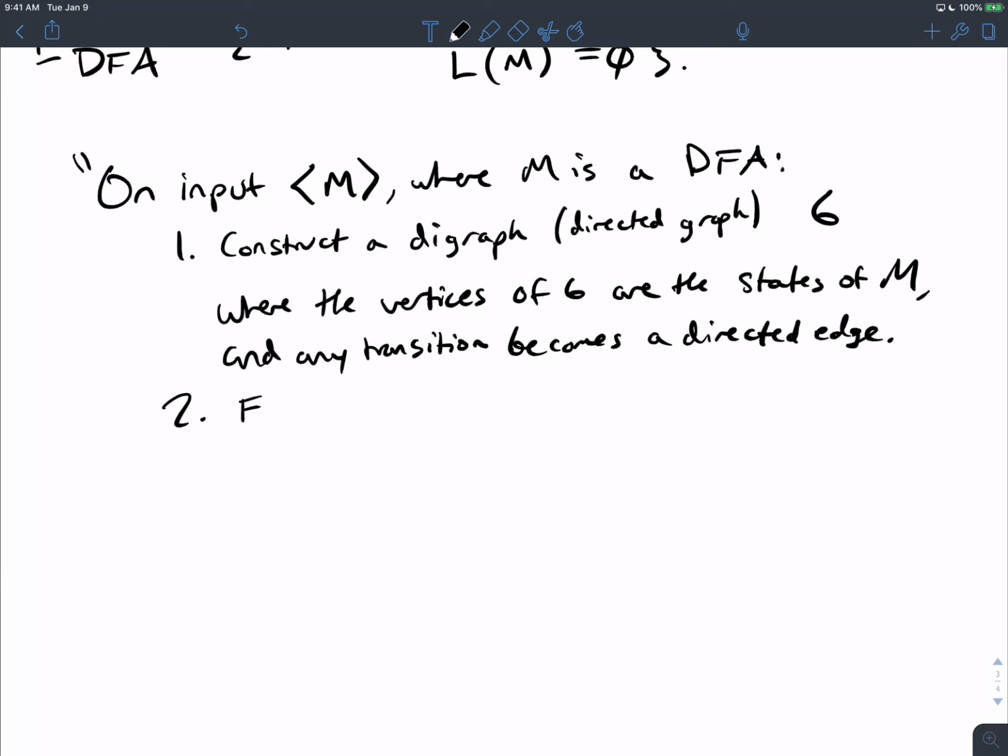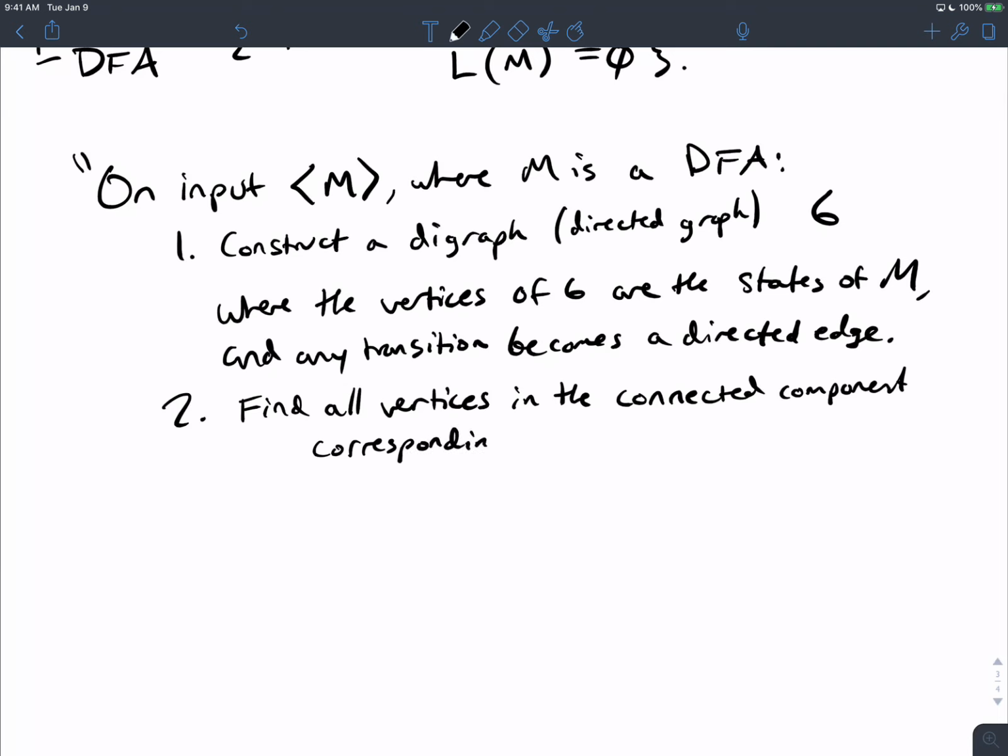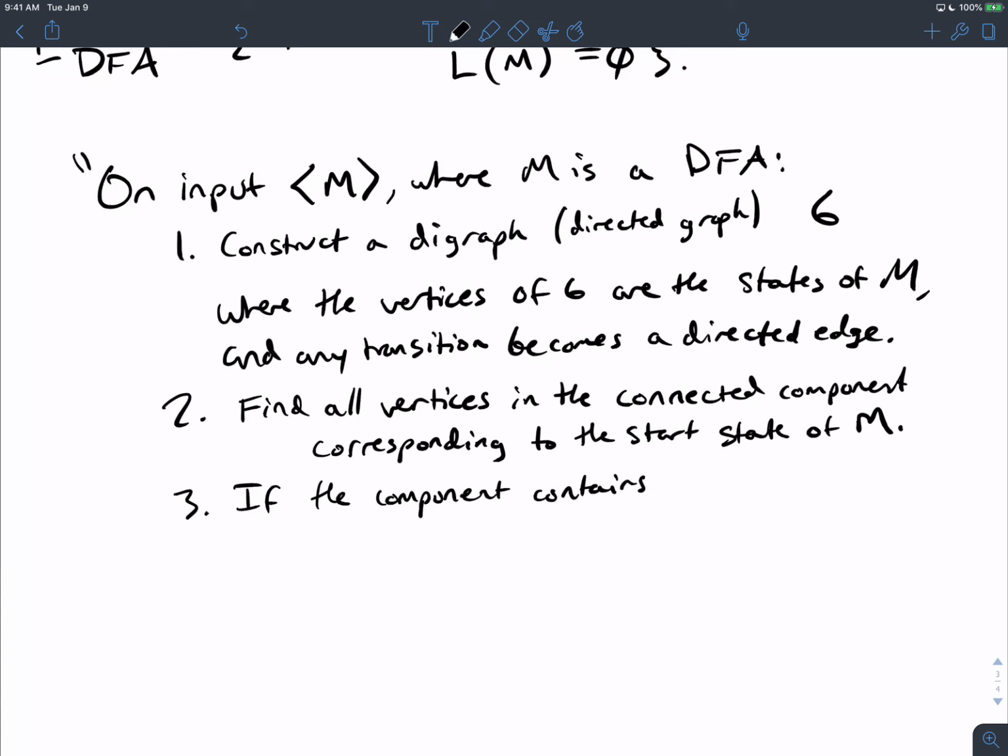So find all vertices in the connected component corresponding to the start state of M. And then if the component contains, oh, in fact, here's actually where we're going to see the reverse happen.